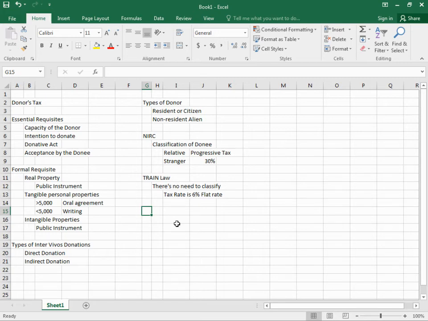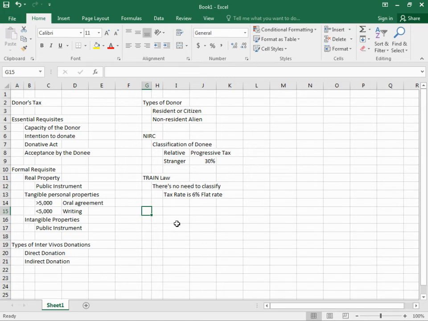We also have here the nature of donor's tax, which is similar to our estate tax because they are both transfer taxes. So they are a privilege tax, proportional tax, annual tax, ad valorem, national tax, and it's a fiscal tax. We have discussed this in our previous chapters.